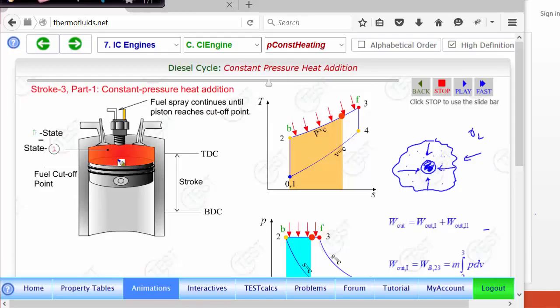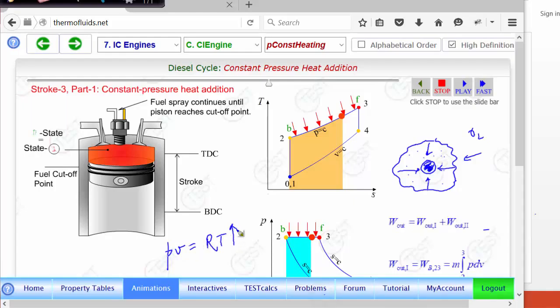As the fuel droplet burns, a lot of heat is released. When there is heat release, you can understand the pressure will have a tendency to increase because the temperature is increasing. However, because the piston has already begun its downward motion, the volume is increasing. So if you apply PV equals RT, imagine what's happening.